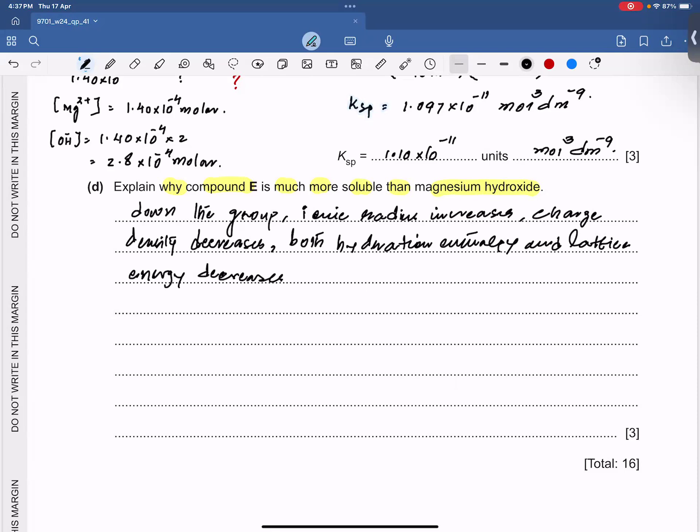Since in this hydroxide ion scenario, lattice energy is a deciding factor, so it decreases more significantly than hydration enthalpy.